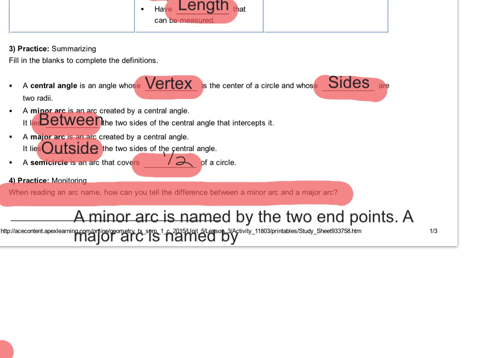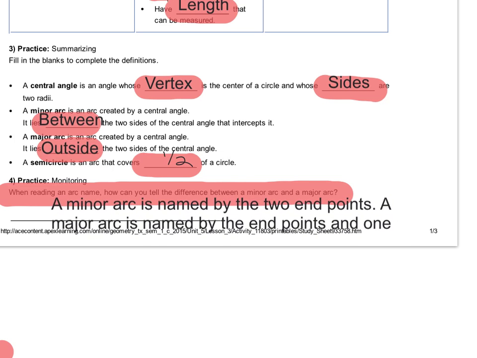Named by the endpoints and one point between. Okay.